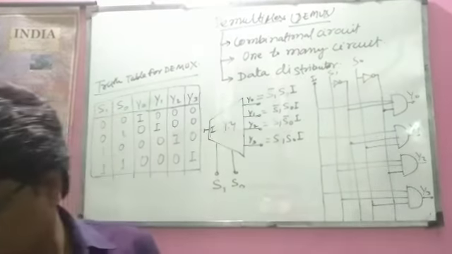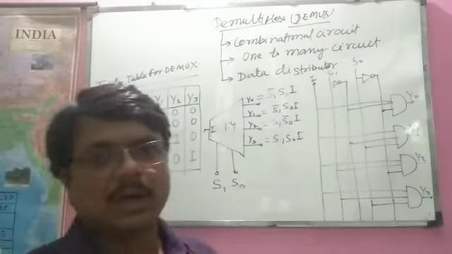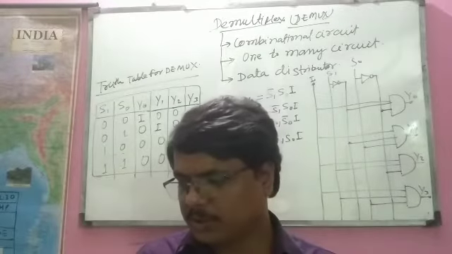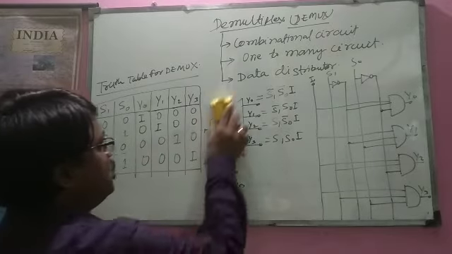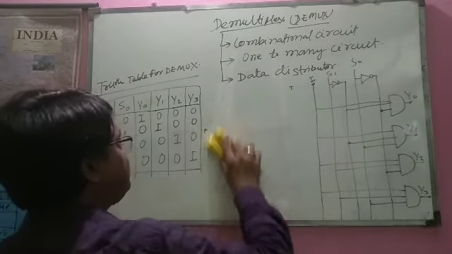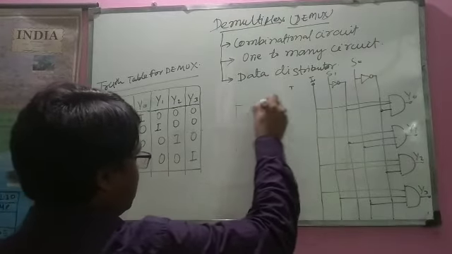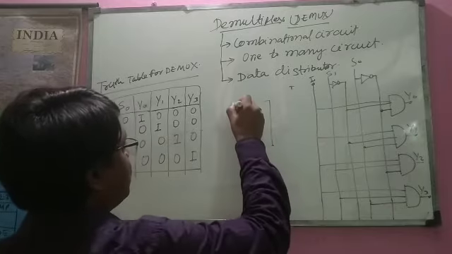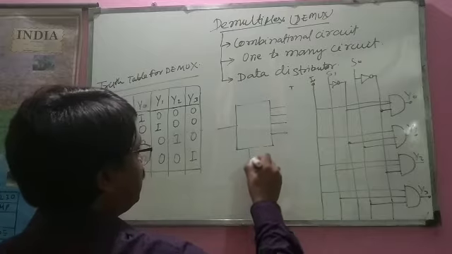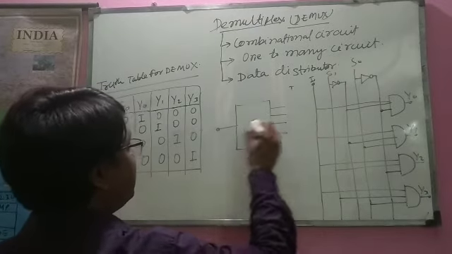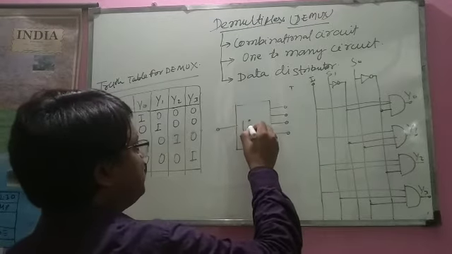So one more thing we'll see, if someone wants to implement a higher order mux using lower order mux, then what will happen? And one more thing, some people use the notation like this: a square or rectangular box, where one input is there, 4 outputs are there, and there are 2 select lines. So this symbol is also valid. Okay, so this is 1:4 demux.